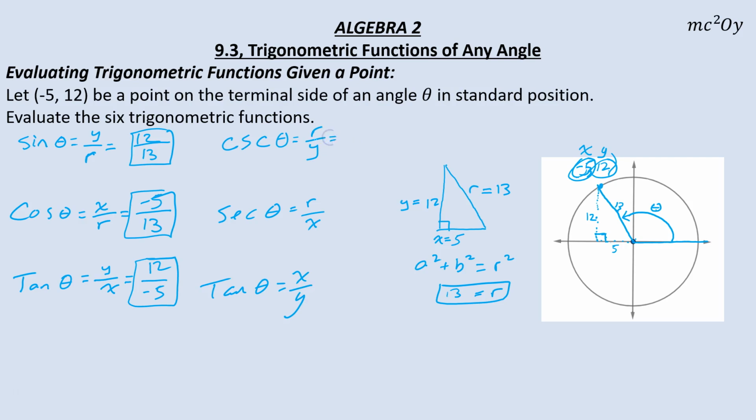And so throwing these guys in, or just taking the reciprocals, is really what you're doing. It's 13 over 12. It's 13 over negative 5. And it's negative 5 over 12. And now you've evaluated all 6 trig functions there.